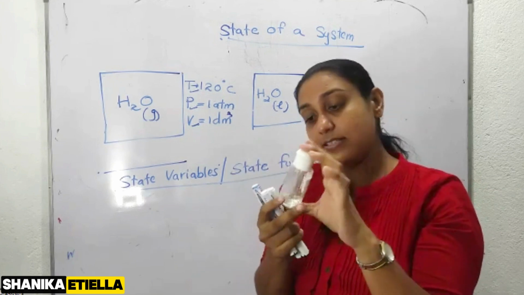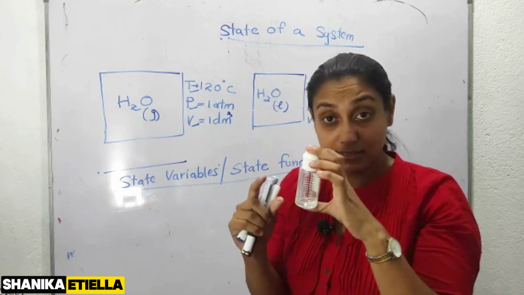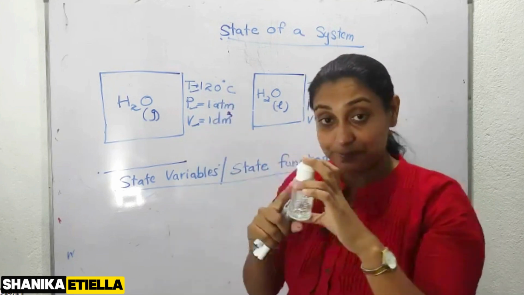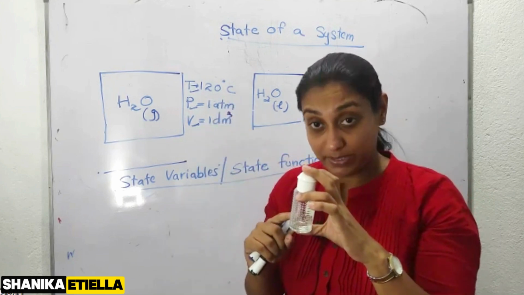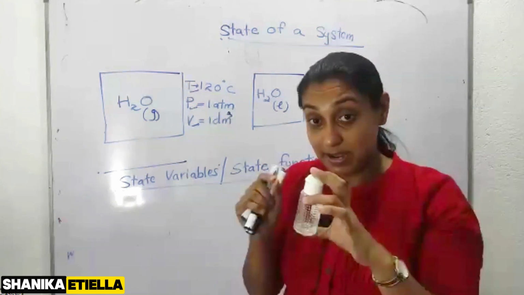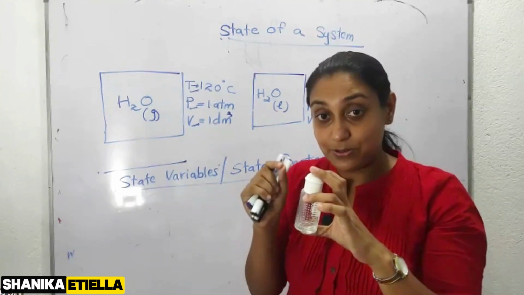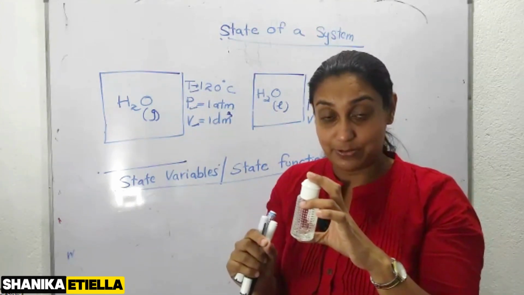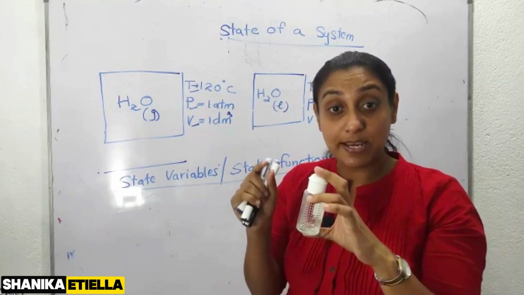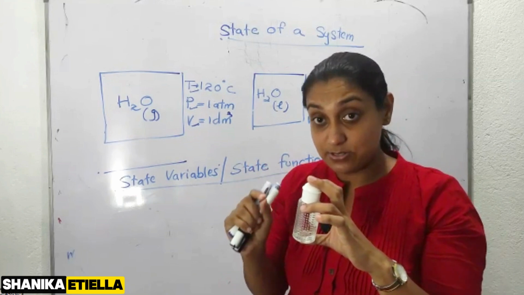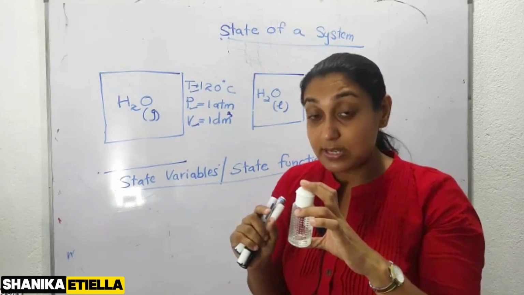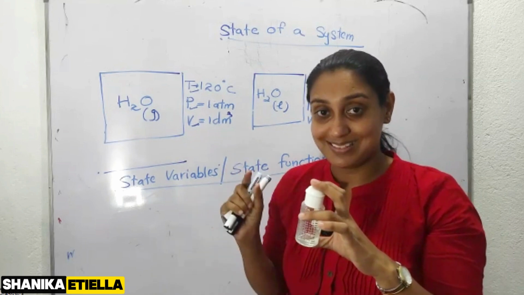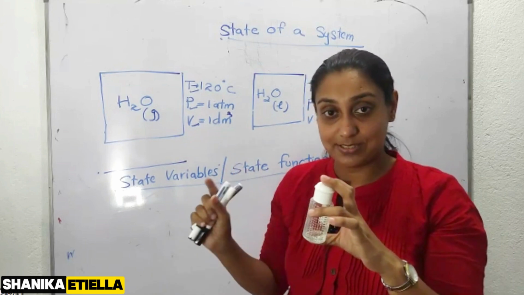I describe this system by using pressure, volume, and temperature. Those physical parameters, those macroscopic properties, which I use to describe the system, are called state variables or state functions. Clear?